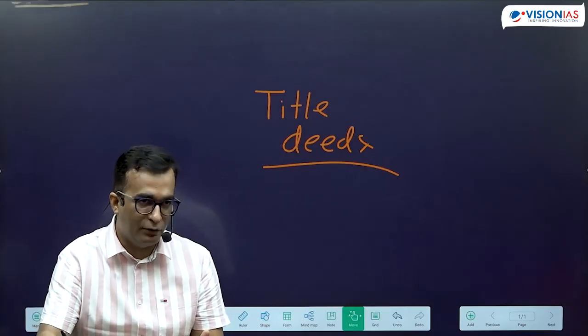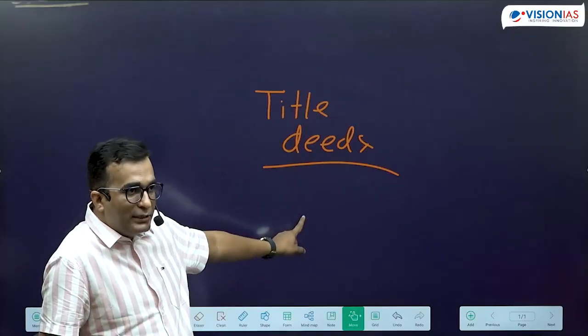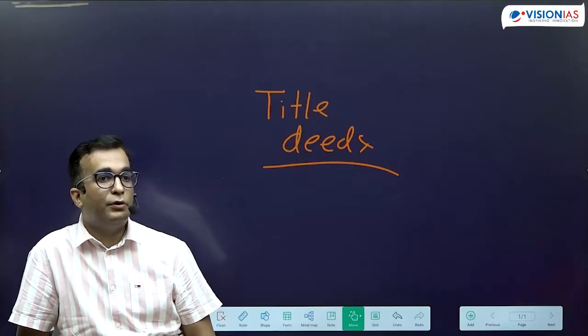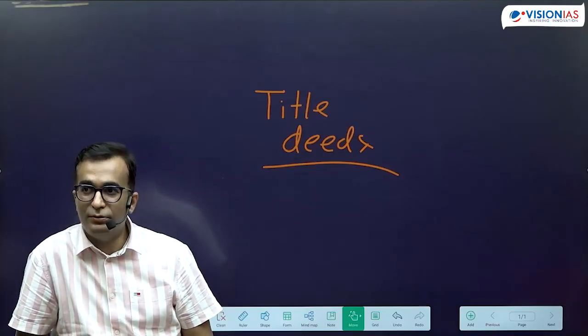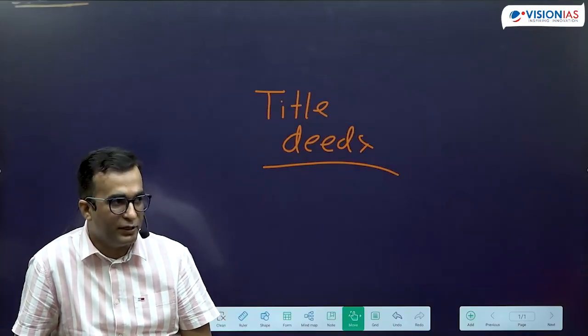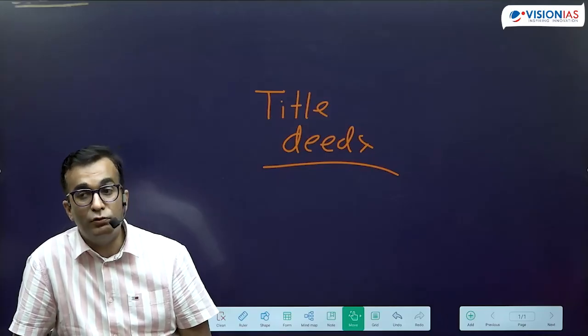So to check these title deeds, this commission was created, and then this commission pronounced the judgment, and that judgment was confiscation of all the 21,000 rent-free states. Confiscation of all of them, not even a single one was spared.